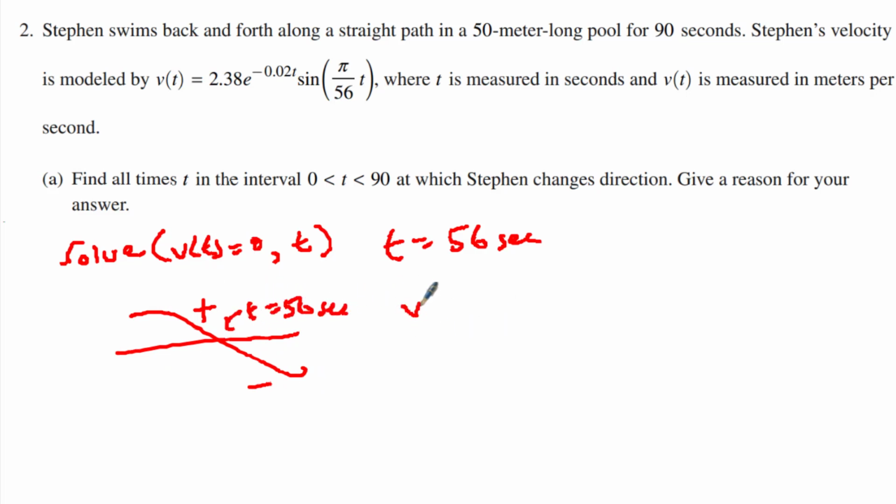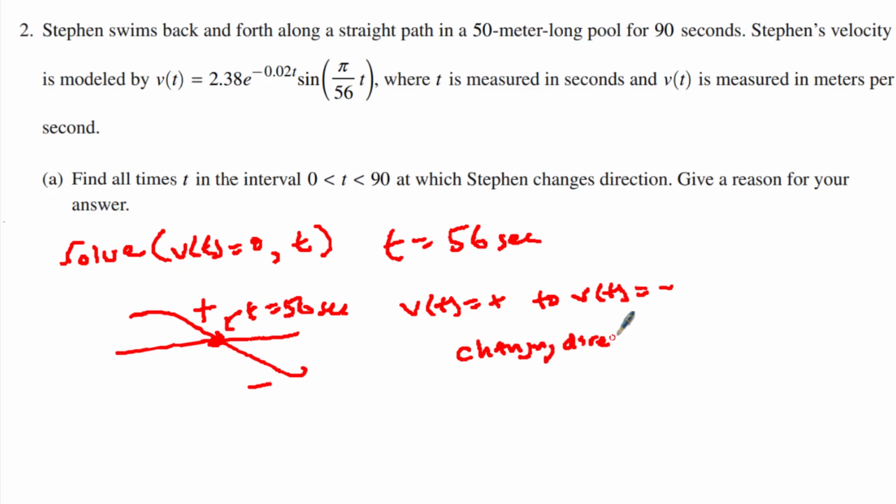So v of t is changing from positive to negative at 56 seconds, which means the velocity is going to end up being 0, which means that is where Steven is changing direction.